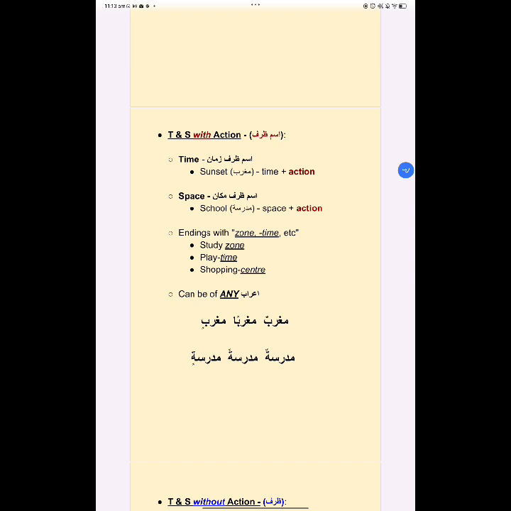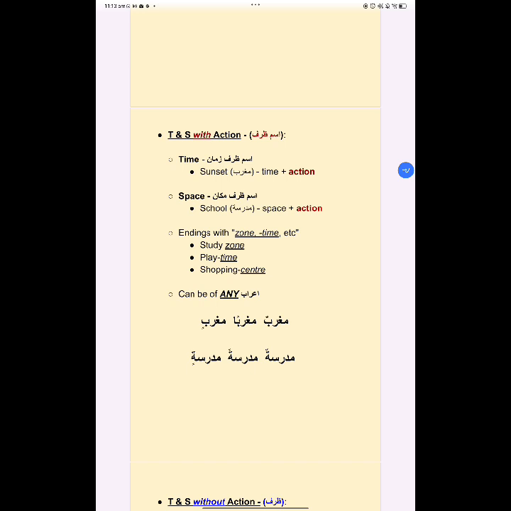It's an ism zarf basically, so it can be in the rafa form, nasab form, or jar form. Or the word madrasatun. It can be in rafa, nasab, or jar form. So they can be of any i'rab.